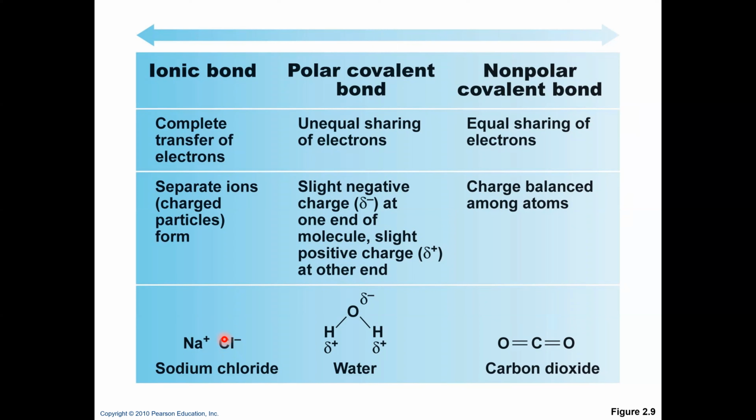And finally, this atom can steal electrons completely, forming ionic bonds, right? So in ionic bonds, we have ions that are attracted to each other. In covalent bonds, we have atoms that share their electrons.